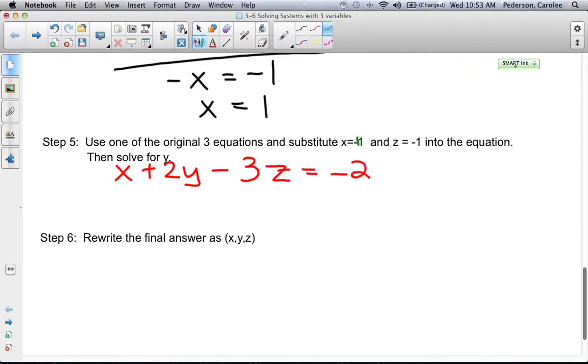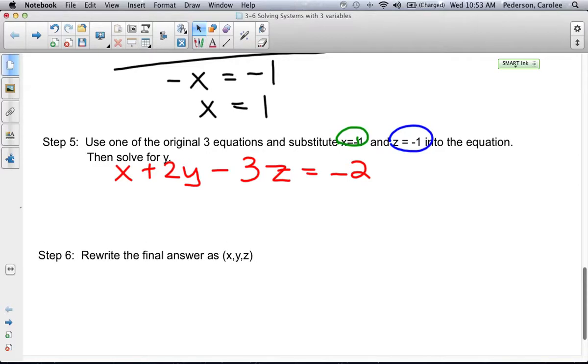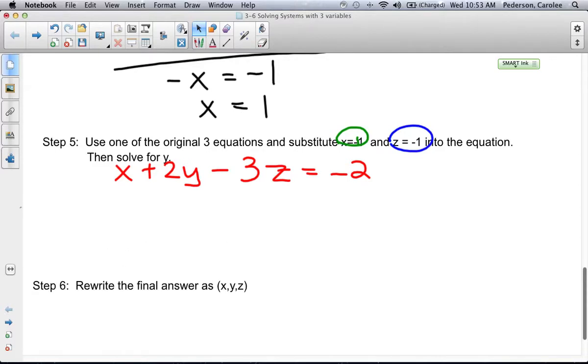Now we're going to substitute x equals positive 1 and z equals negative 1. So substitute x equals positive 1 in for x plus 2y minus 3.